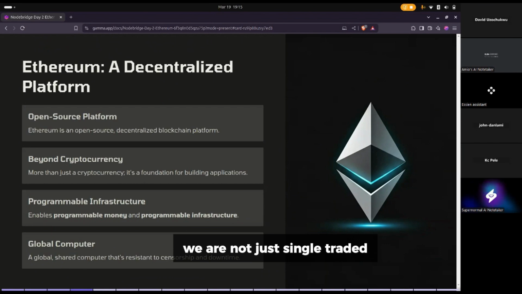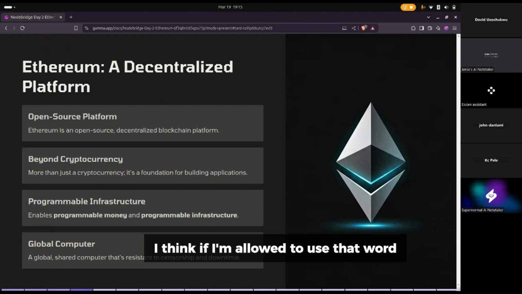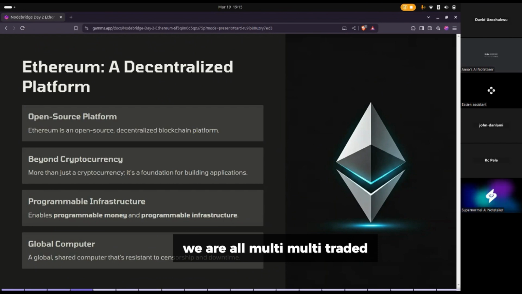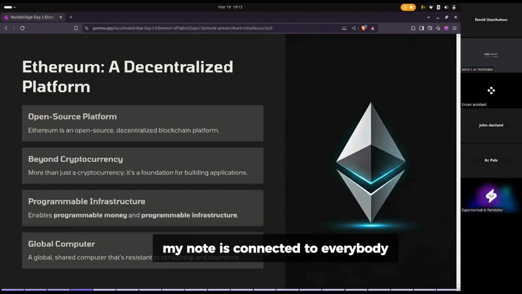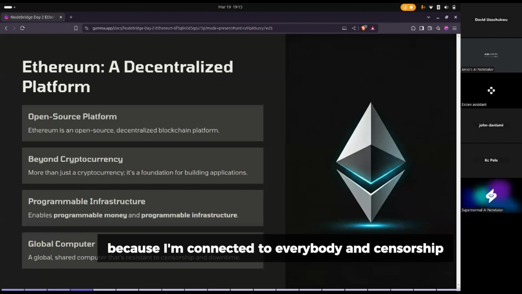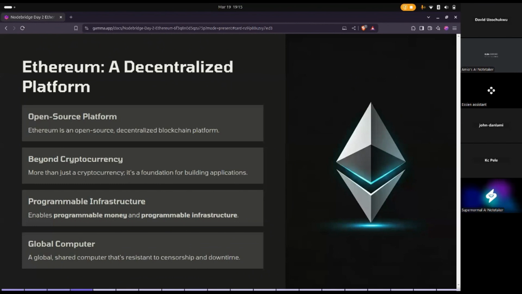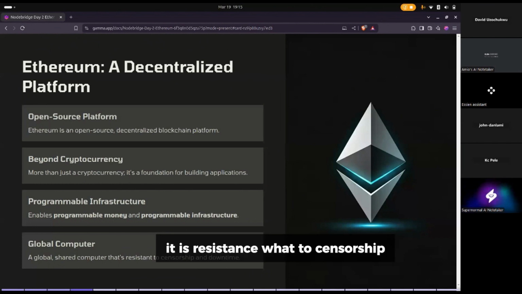We are not just single threaded; if I'm allowed to use that word, we are all multi threaded. So if I have my node here, my node is connected to everybody. When one goes down, I can't predict who it was, because I'm connected to everybody. And it is resistant to censorship.